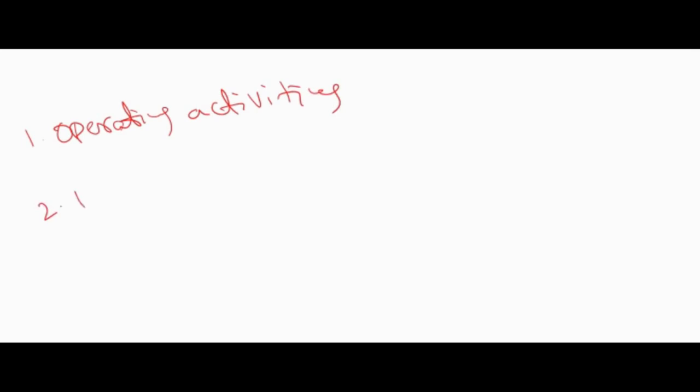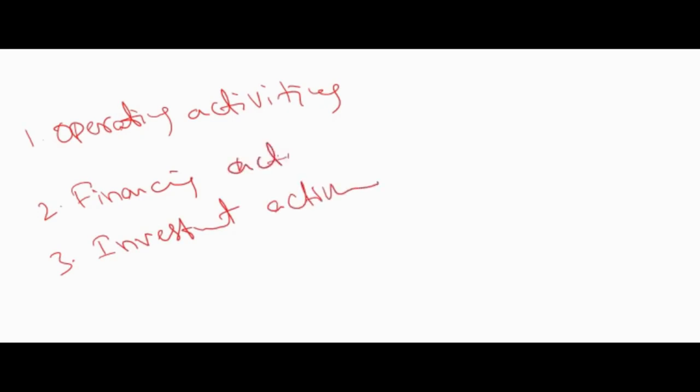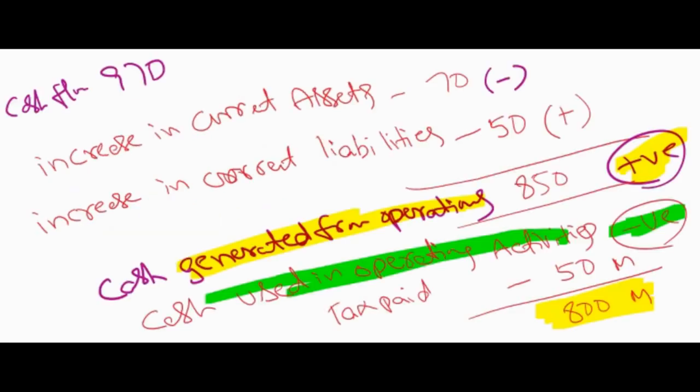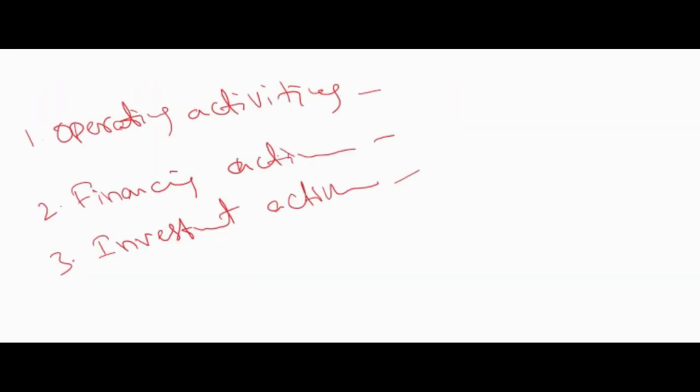Second, financing activities. Third, investment activities. How much did we get from operating activities? It is 800, right? So let's put 800.